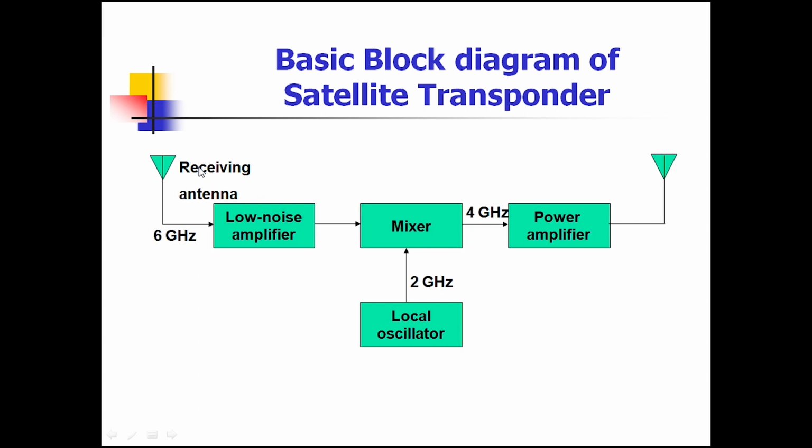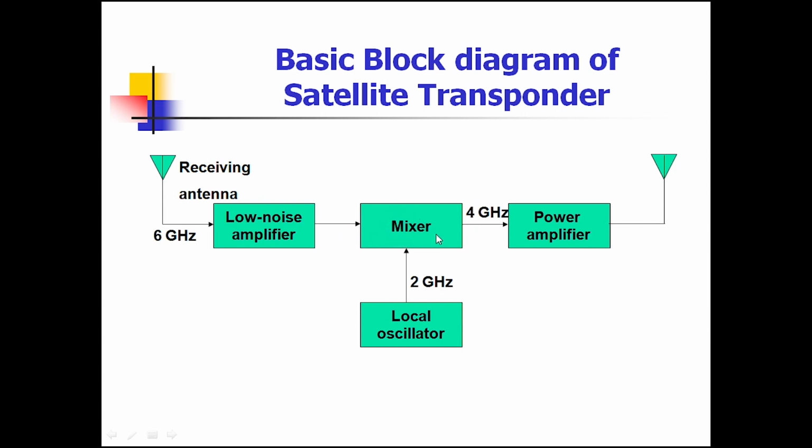The uplink signal, in the case of C-band 6 GHz, is picked up by the receiving antenna. It is amplified by the low noise amplifier, LNA, and fed to the mixer. The purpose of the mixer is to down convert the 6 GHz signal into a 4 GHz signal.